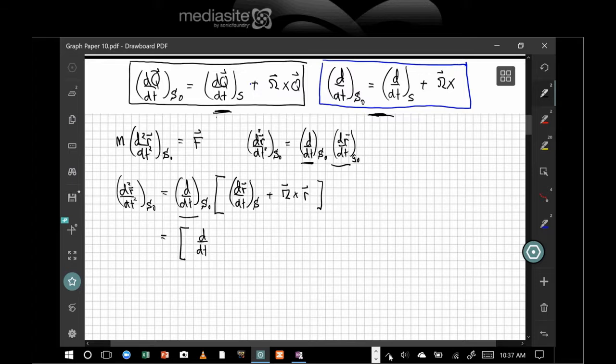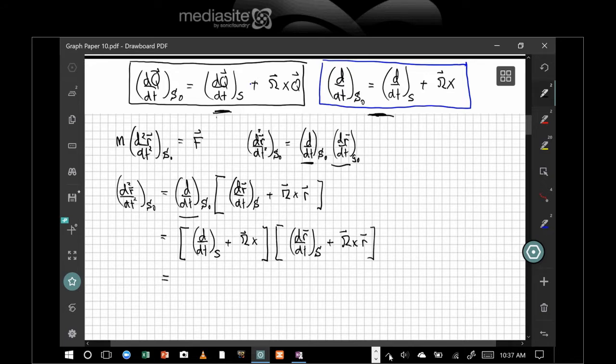I can rewrite that as two separate derivatives. That's d/dt in the fixed frame, and then dr/dt in the fixed frame. Now, for this term here, I'm going to use this result here. And for this term here, I'm going to use this result here. So let's do the first term.